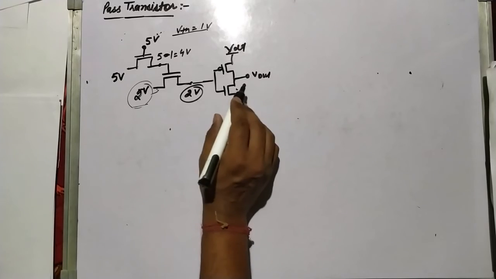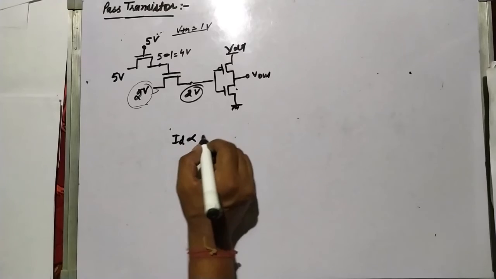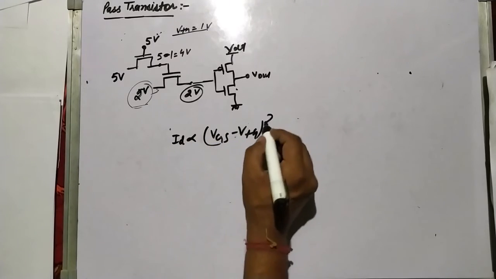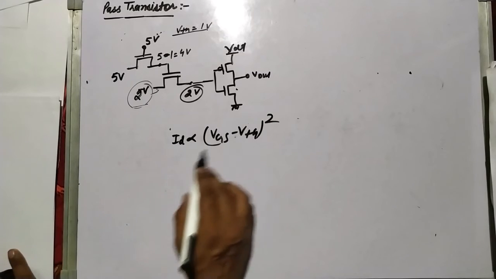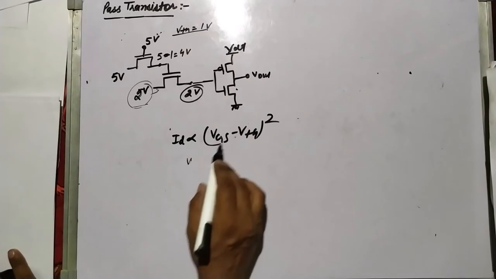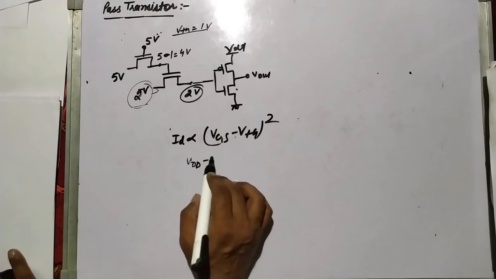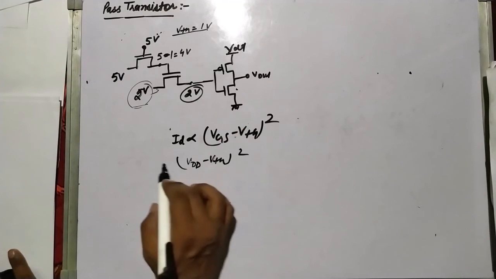This transistor will turn on, but the problem is that ID is directly proportional to (VGS minus VTH) squared. For the current equation, if my VG equals VDD, and S is equal to 0, it is (VDD minus VTH) squared.